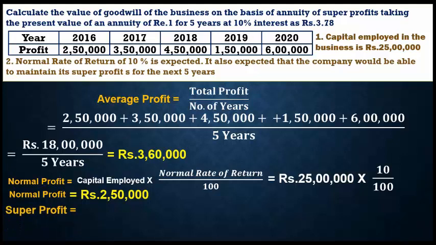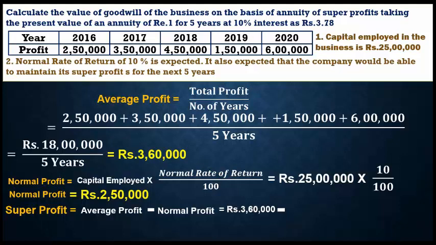Super profit is equal to average profit minus normal profit. The average profit we have calculated here is rupees 3,60,000.